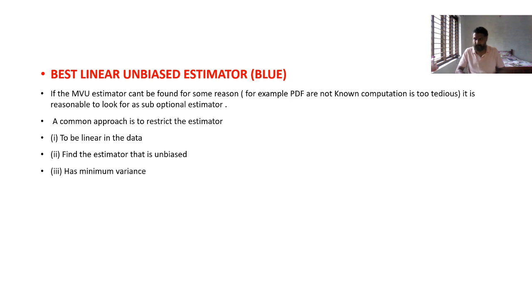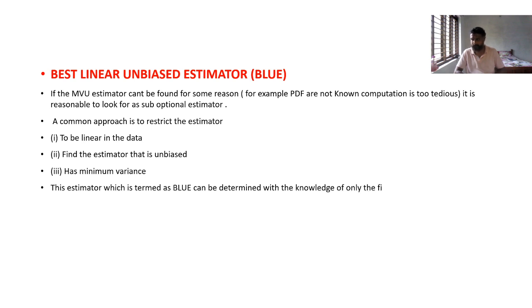So this estimator, which is termed BLUE, the best linear unbiased estimator, can be determined with the knowledge of only the first and second moments of the PDF. That means the complete knowledge of the PDF is not needed.